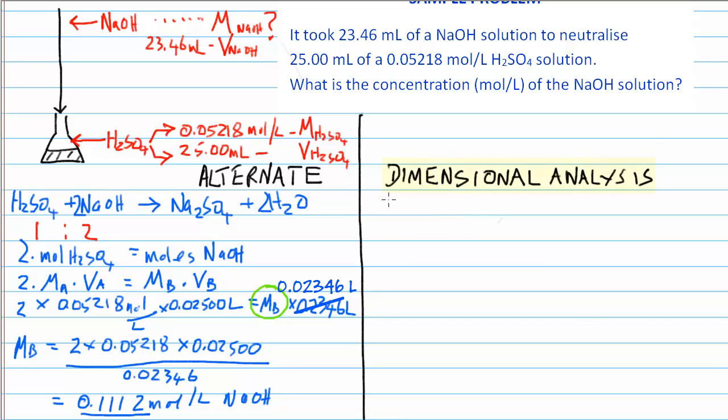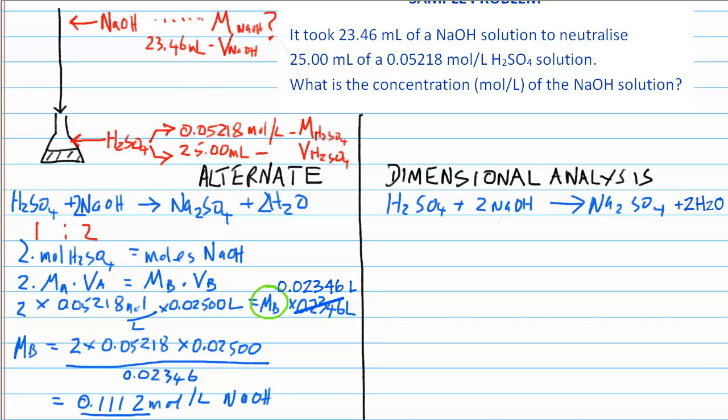Now, using a dimensional analysis approach here, again, we will write out the balanced chemical equation, H2SO4 plus 2 NaOH, producing sodium sulfate, Na2SO4 plus 2 H2O.